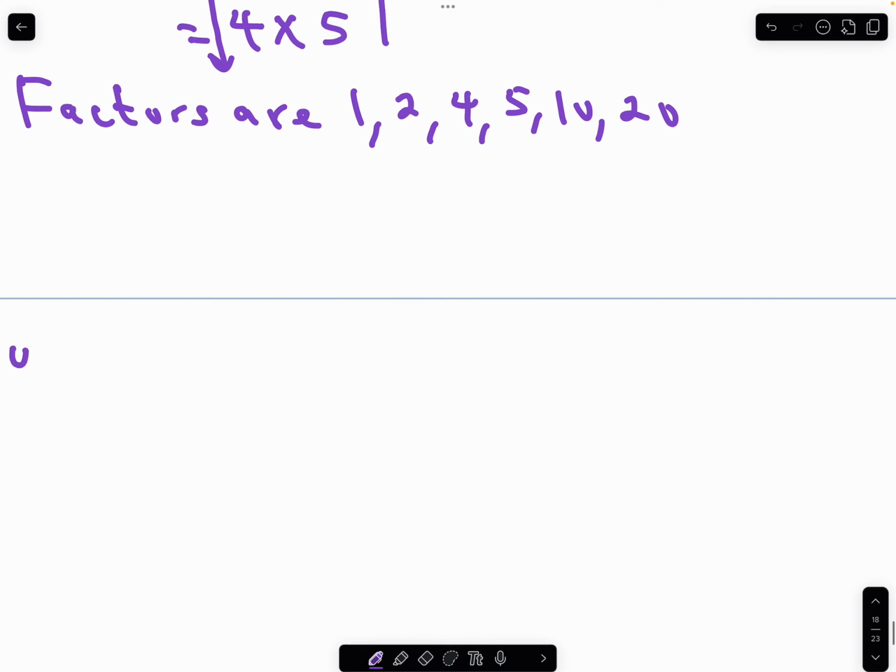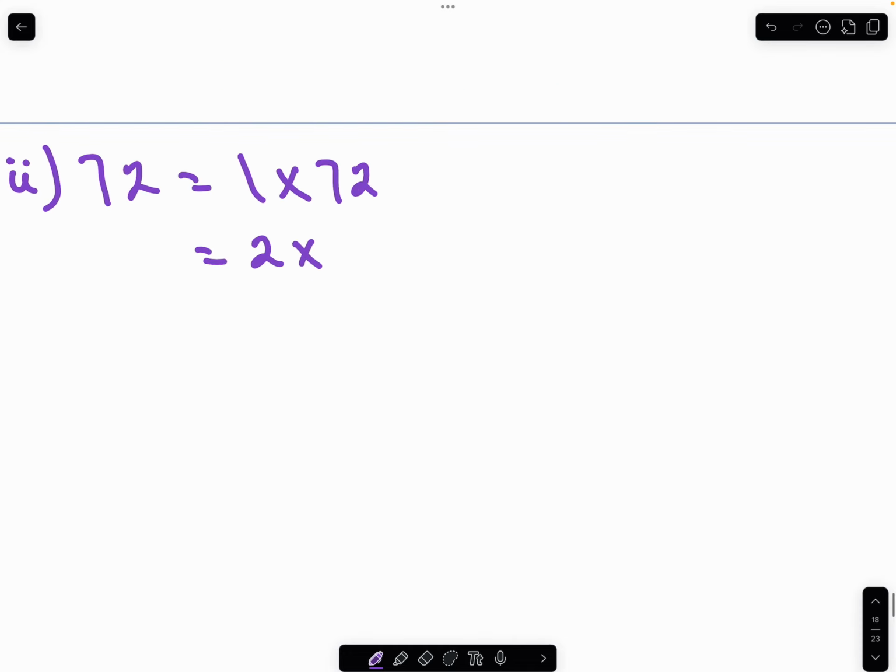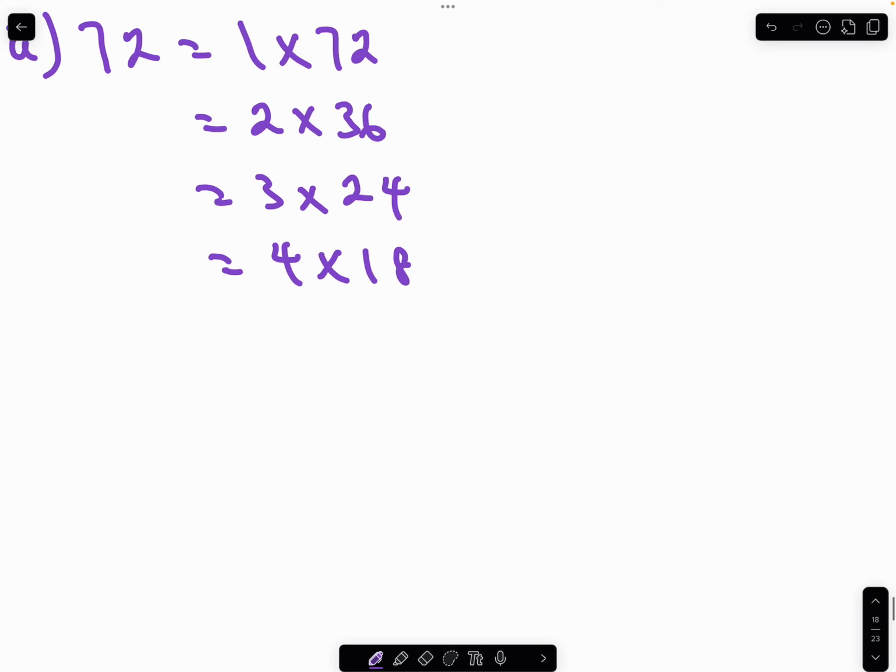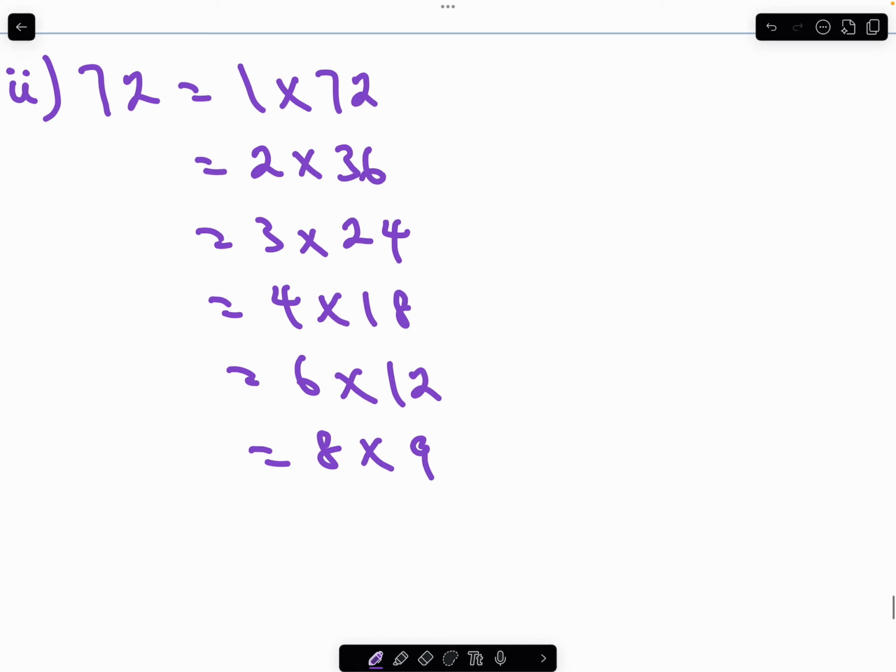Now we go to the next one, which is Roman figure 2, 72. 72 is 1 times 72, 2 times 36, 3 times 24, 4 times 18, 6 times 12, 8 times 9, and that's all.